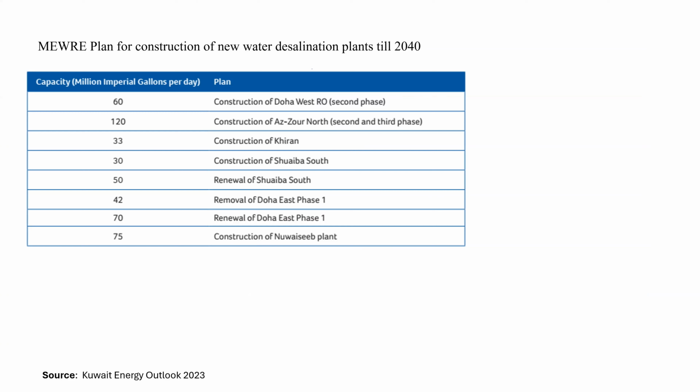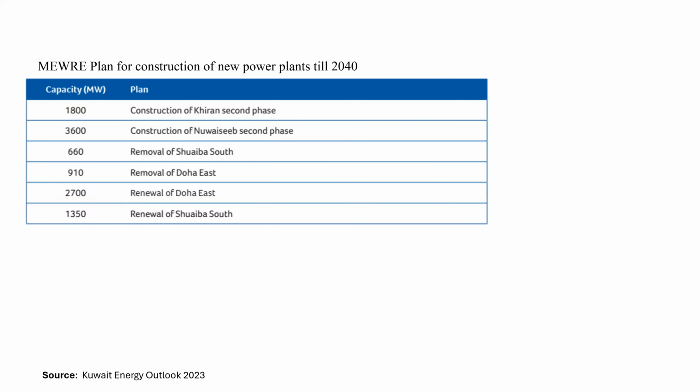Here you see we have some plans for construction of new water desalination plants. We have almost 4 new ones, we are removing 2, and we are going to renew 1. And by the way, just to let you know, MEWRE is the Ministry of Electricity, Water and Renewable Energy.